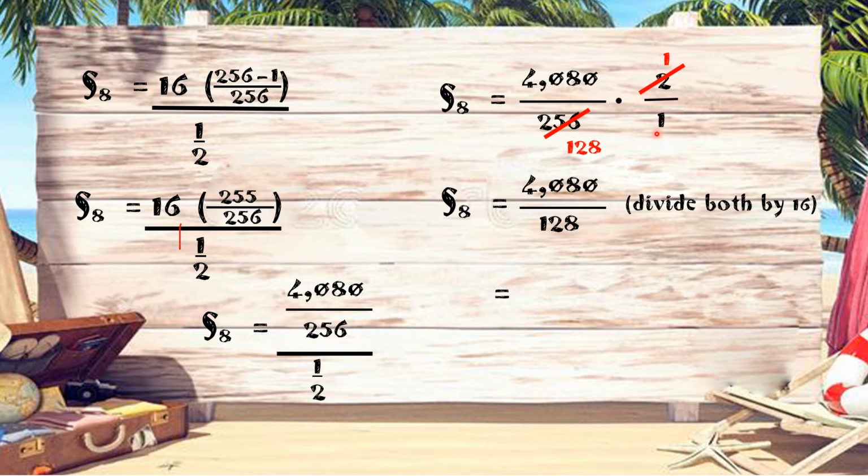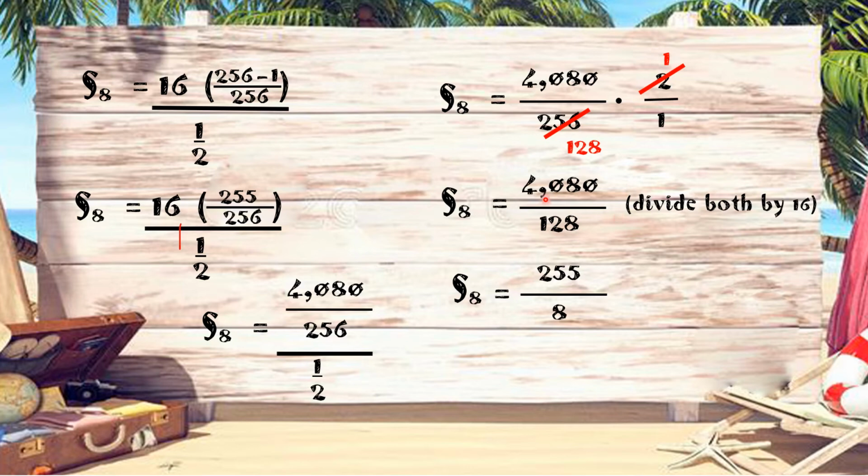Divide both by 16 kasi pwede pa siyang simplify. So, yung taas at yung baba can still be divided by 16. Pwede rin by 2, pero pwede pa ulit sa 2, until ang ating greatest common factor sa kanila ay 16. So, S sub 8 is equal to 255 divided by 8.